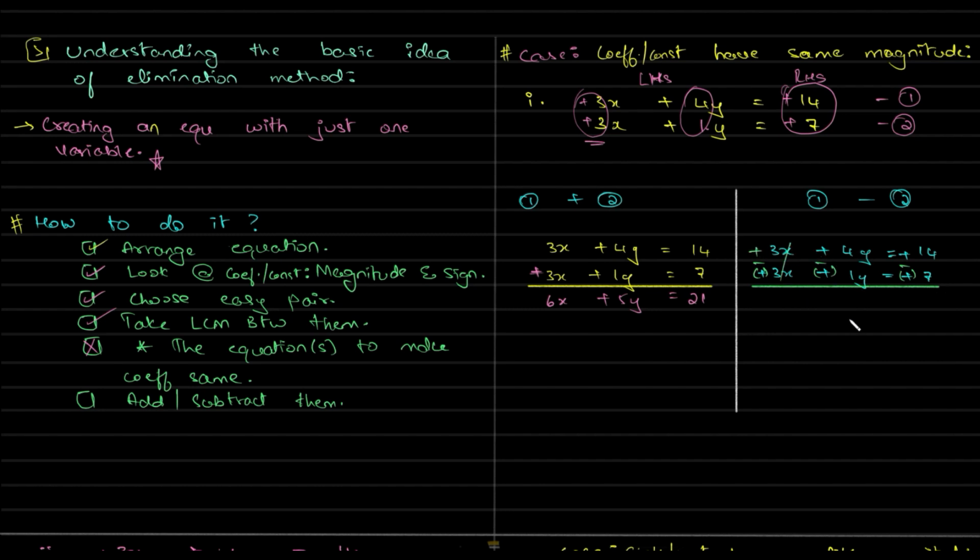Plus 4y minus 1y, 3y. And this is 7. Well, this is 0, right? So yes, we got what we wanted. Creating an equation with just one variable. We got it. Okay. Post that, how to do the elimination method, it's not too hard, but this is important. So here we subtracted and we got the required. Done. So this procedure does work, right?